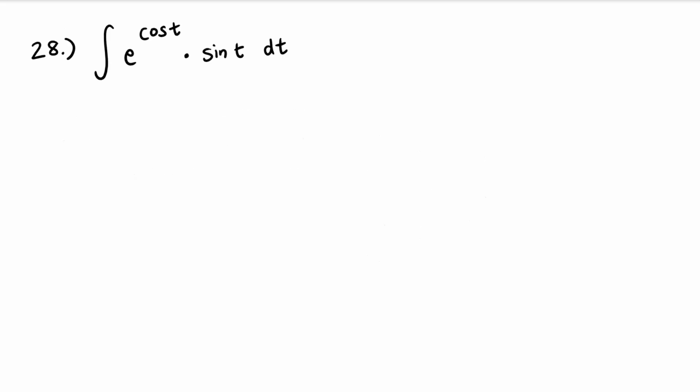For number 28, we have the integral of e to the power of cosine of t times sine of t dt. Let's go ahead and use u substitution. I'm going to let u equal cosine of t. If we take the derivative, we'll get du equals negative sine of t dt.